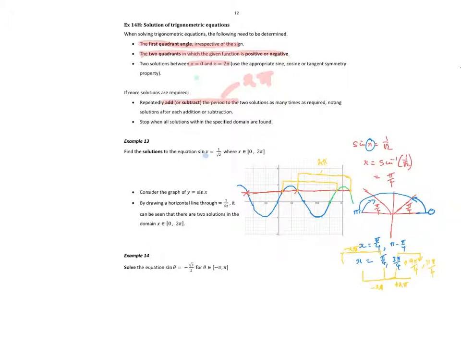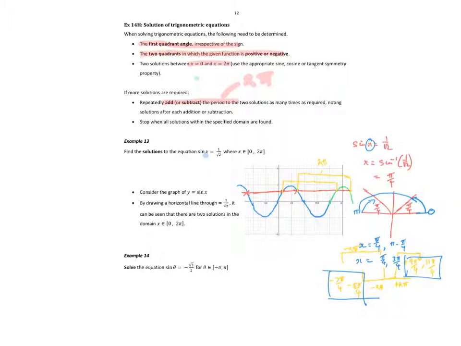I'd get 3 on 4 minus 8 on 4, negative 5 pi on 4, and 1 on 4 minus 8 on 4, negative 7 pi on 4. So those there and there are my extra solutions if I had to find them.